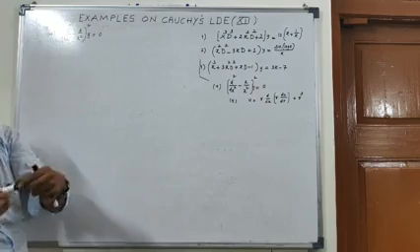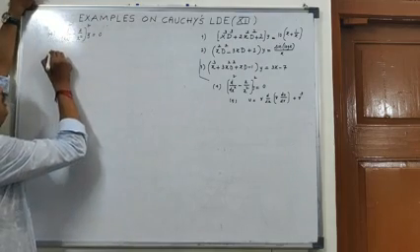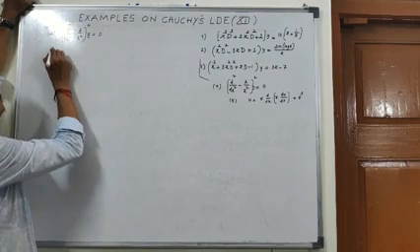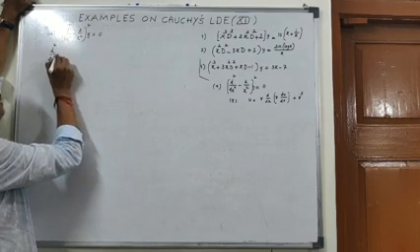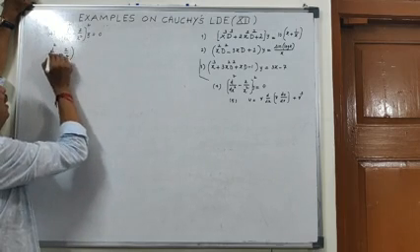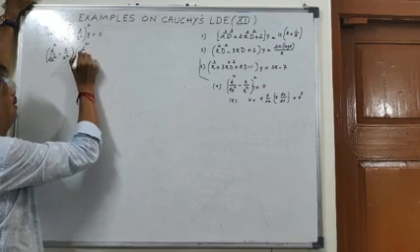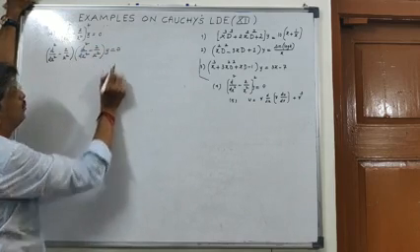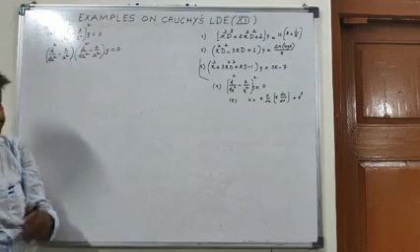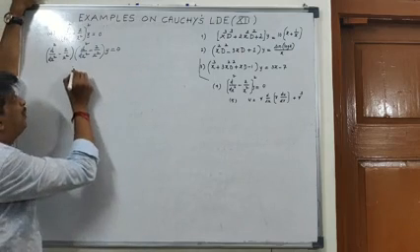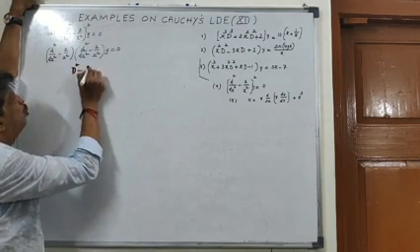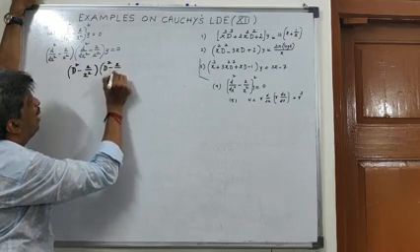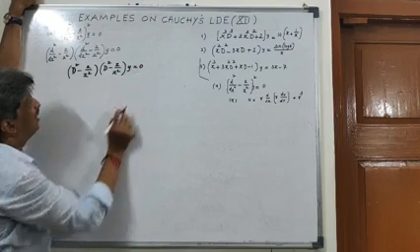Let us rewrite this like this. D square by dx square minus 2 by x square times y is 0, which can be rewritten as, d square by dx square is capital D square, minus 2 by x square, into y is equal to 0.